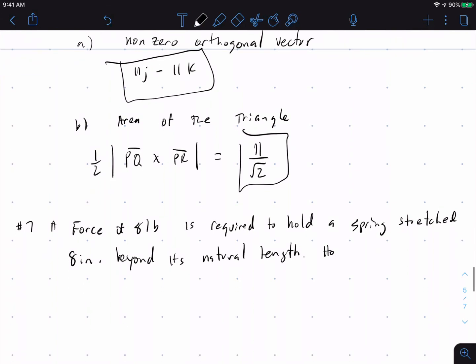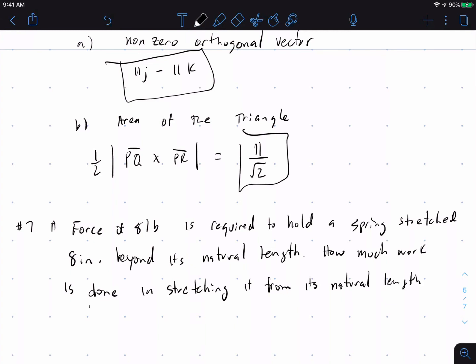I want to know how much work is done in stretching it from its natural length to 11 inches beyond its natural length.